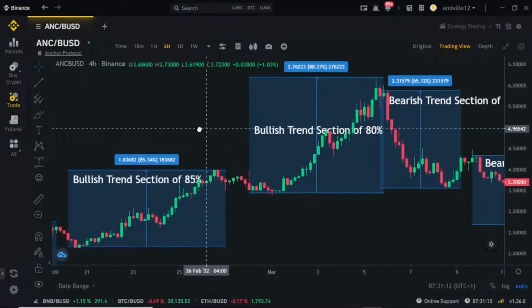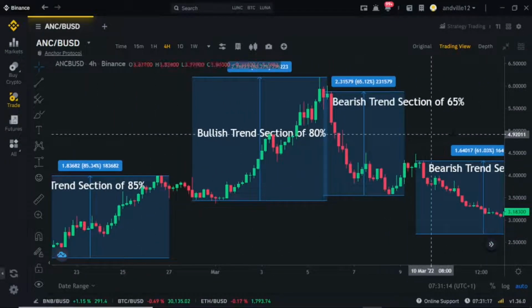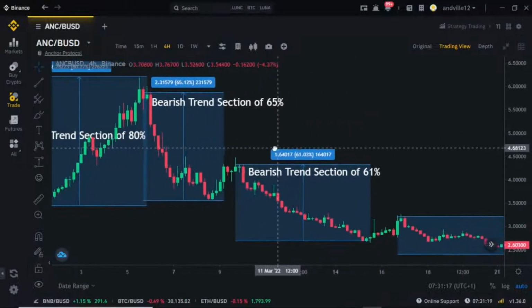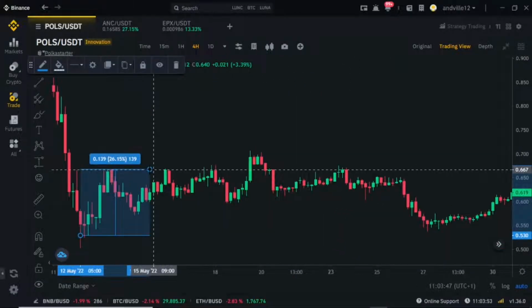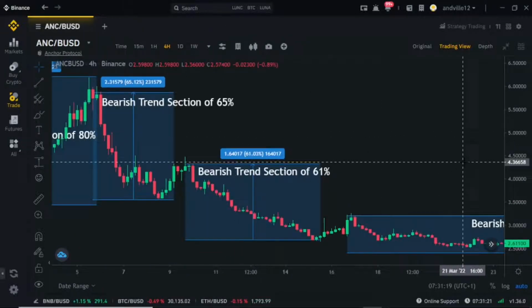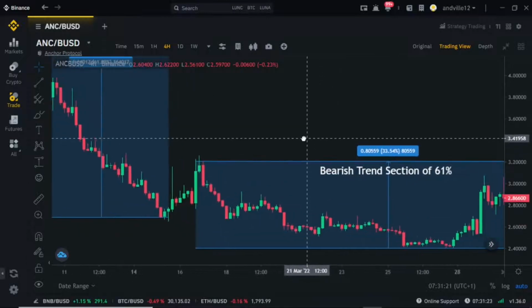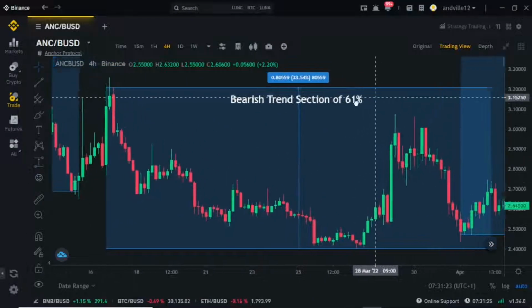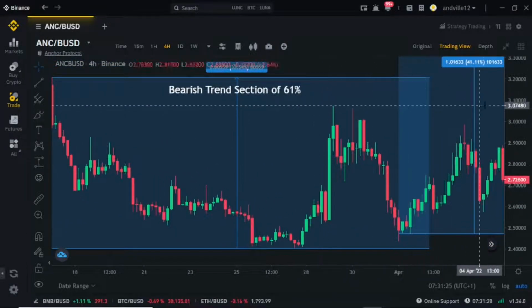And next up, this bearish trend section dipped down by approximately 65%. And next up, this bearish trend section dipped down by approximately 61%, and again by approximately 61%.